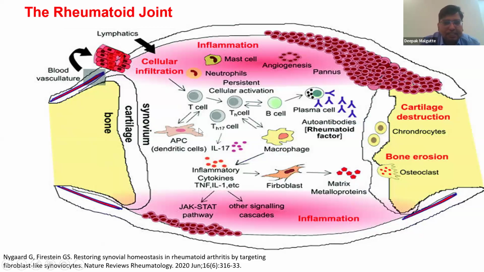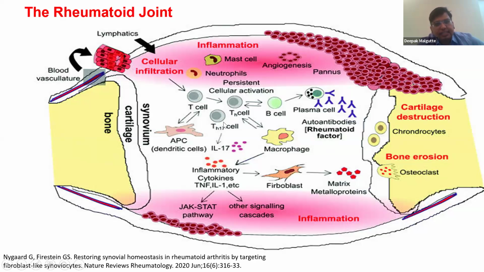Antigen presenting cells present these new antigens to the T cell, and this T cell differentiates into helper T cells and Th17 cells, and these helper T cells present to the B cell, which results in plasma cells and the formation of various autoantibodies we see in rheumatoid arthritis, like rheumatoid factor and anti-CCP.